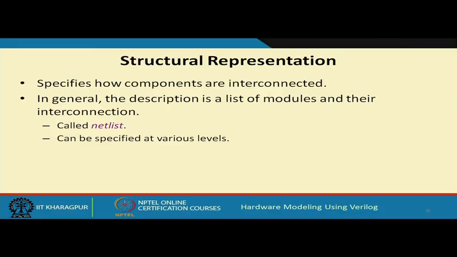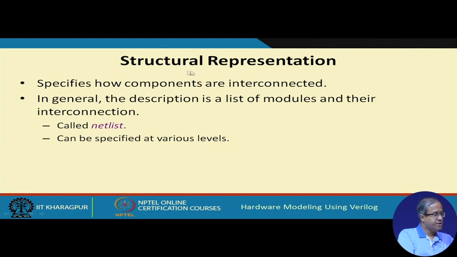Let us see an example on this. Earlier we mentioned that this kind of structural representation is also called a netlist, and a netlist can be specified at various levels: at a very high functional level, gate level, transistor level and so on. This we will see later slowly.